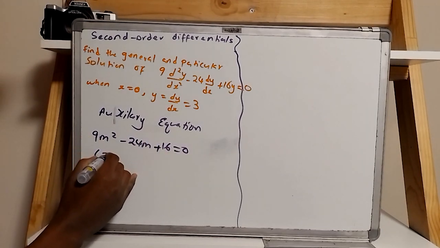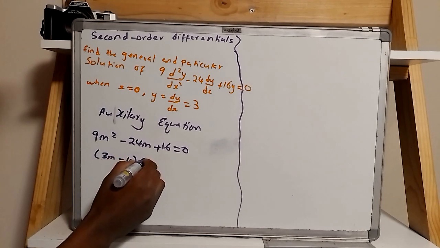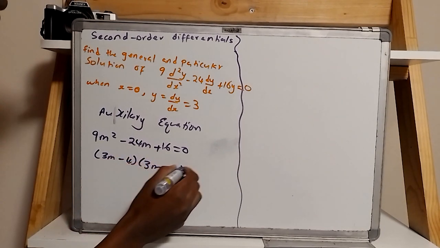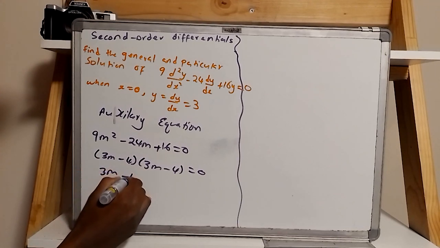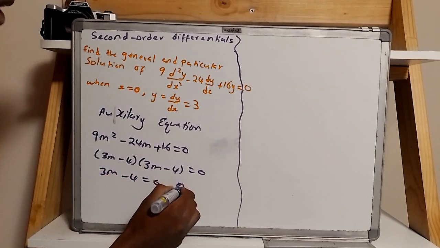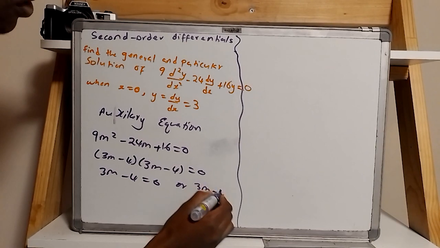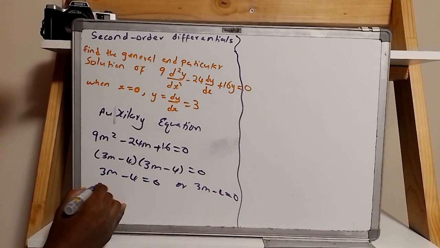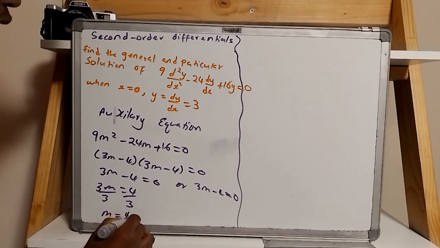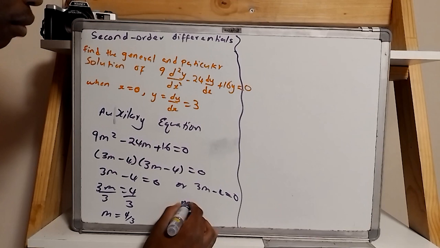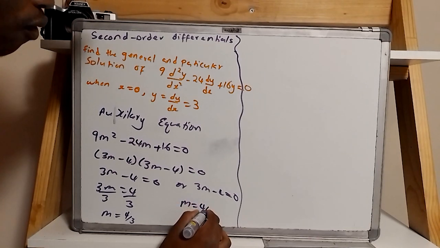I'll have 3m minus 4, 3m minus 4, equal to 0. Then 3m minus 4 is equal to 0, or 3m minus 4 also equals 0. Then 3m is equal to 4, divided by 3, m is equal to 4 over 3. Also this side, m is equal to 4 over 3.